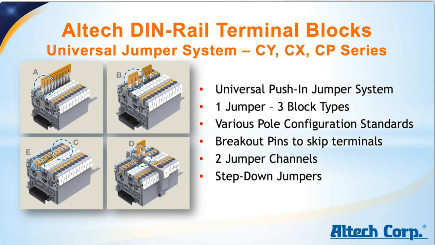Also, it's possible to stagger jumpers because most blocks have 2 jumper channels. So for example, 2 3-pole jumpers can be overlapped in a way they make up a 5-pole shorting link. And also the design of the terminal blocks and the jumper together allows the step-down jumper to be installed. Step-down jumper means you create a shorting link from a larger to a smaller size terminal block.